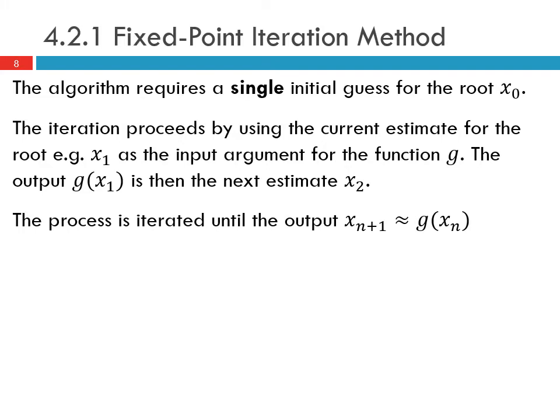And the process is iterated until the output, so xn plus 1, is approximately equal to g of xn. So basically, we're putting in our old estimate, we evaluate our function at our old estimate, and we iterate until the new estimate is approximately equal to g of our old estimate.